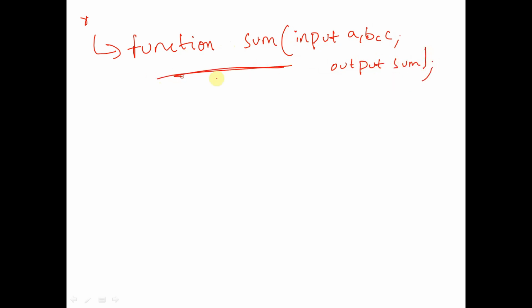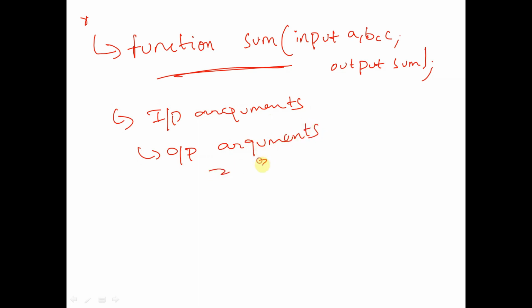The next enhancement in SystemVerilog is that functions can have input arguments as well as output arguments, whereas in Verilog we can only have input arguments.